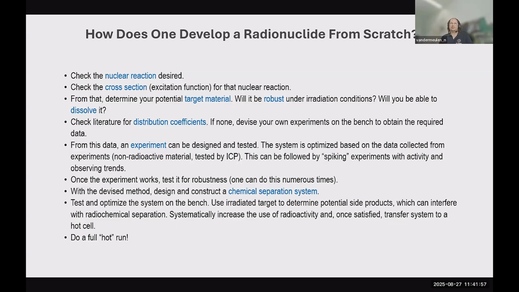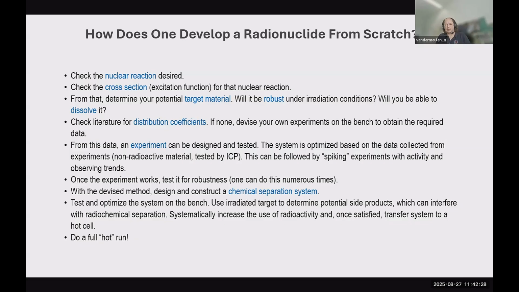So to be able to do this also in terms of your chemical separations, there is what we call a setup with regards to resins, our ion exchange resins that I was mentioning, how we perform these chemical separations. And to be able to do that, there's a literature base where one can determine distribution coefficients. Sometimes there are no distribution coefficients available and you have to do your own experiments.